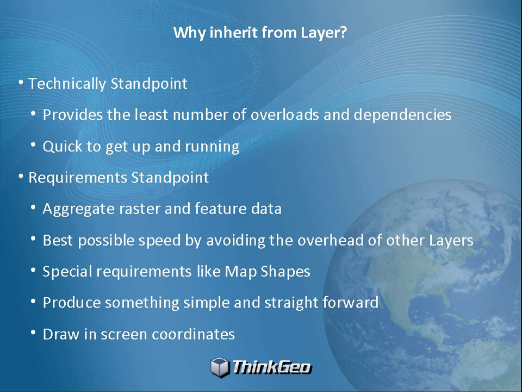But it's a lot easier if you just draw in screen coordinates, because then your watermarks will be fixed, and it'll be a lot easier to implement. So for that kind of stuff, we recommend using layer. Otherwise, you're going to be fighting against the feature layer.